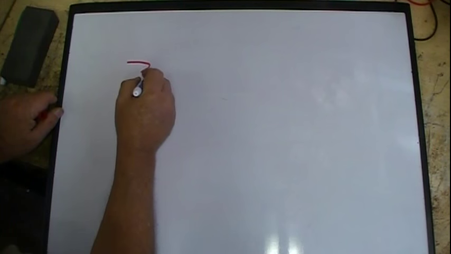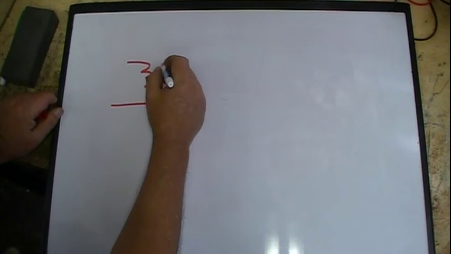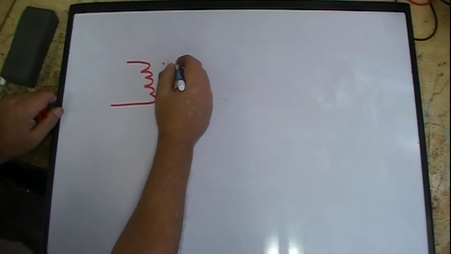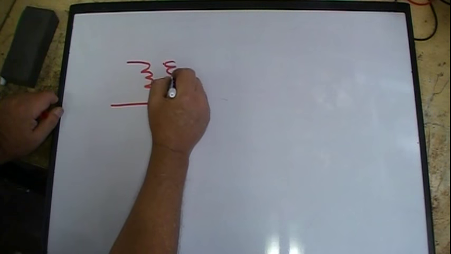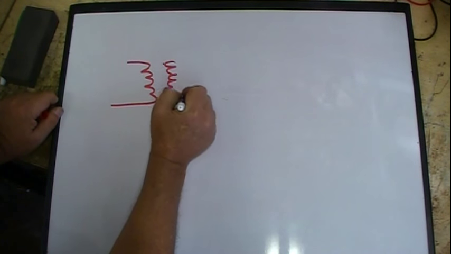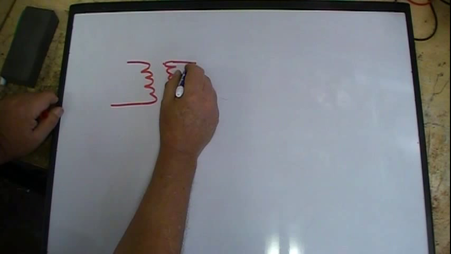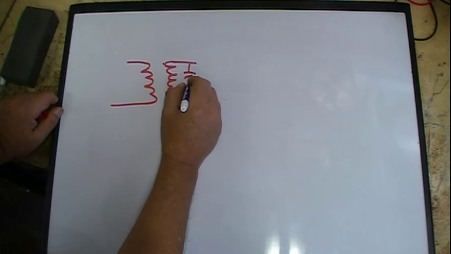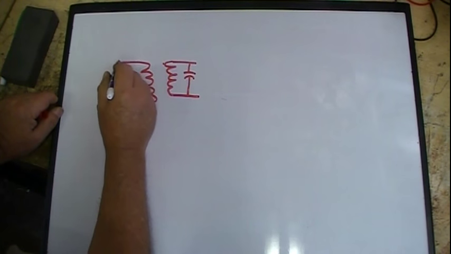Now, let's look at some IFs. So, I've got an IF transformer, and it's probably air core, at least this one will be. And let's say it's got our tank circuits, our capacitors.